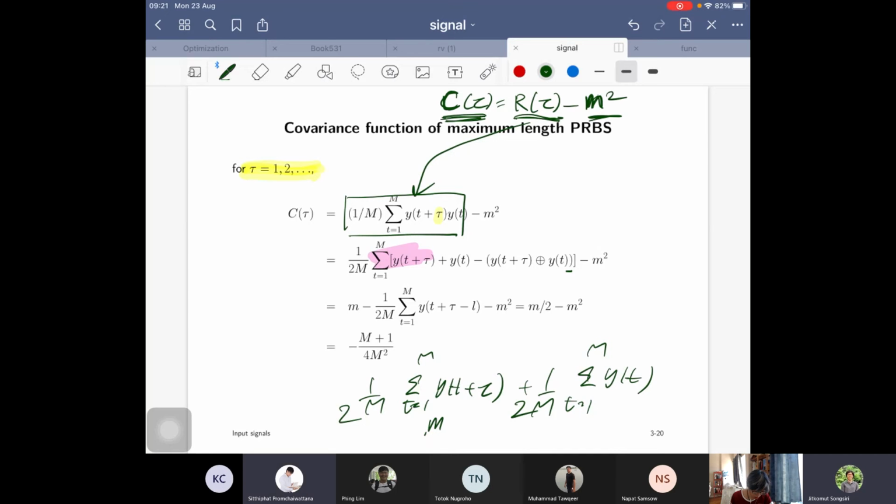Big M plus 1 over 2? What I mean is, if you shift by tau, this also represents the mean, because you still make a sum over one period. It doesn't matter if you shift by time tau.